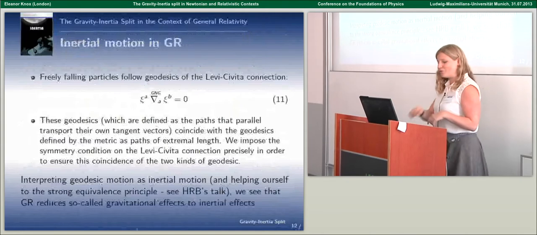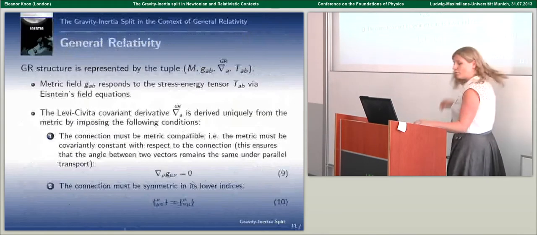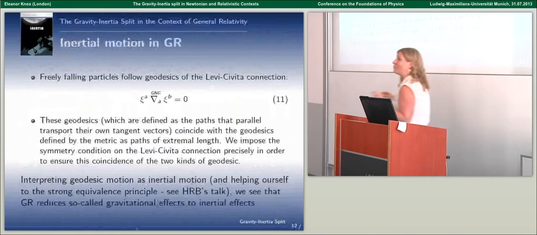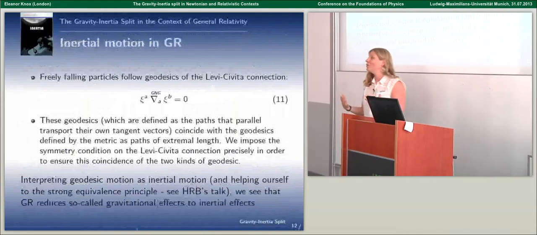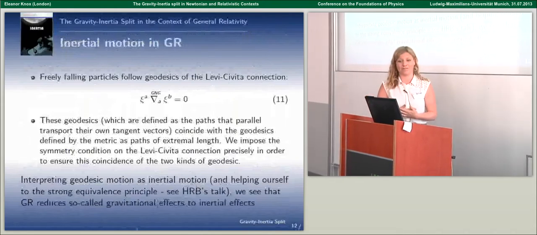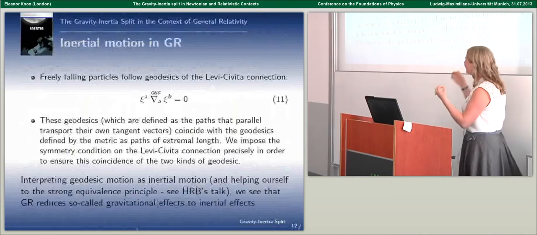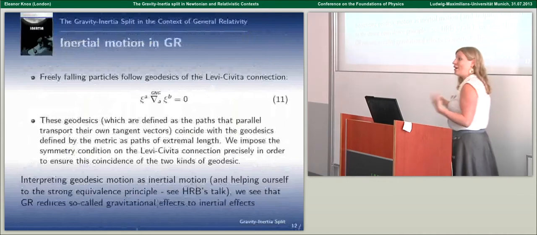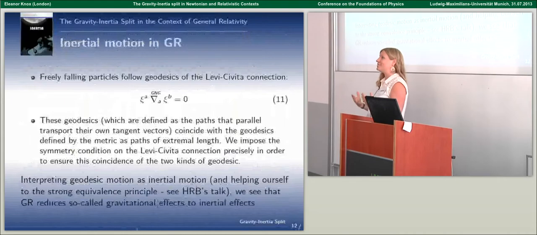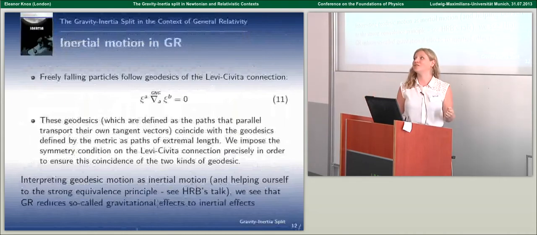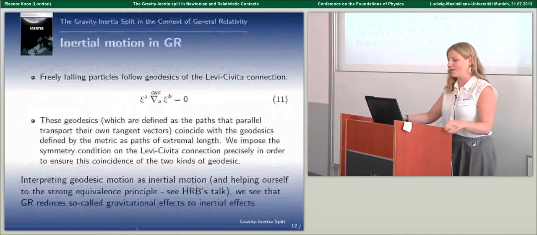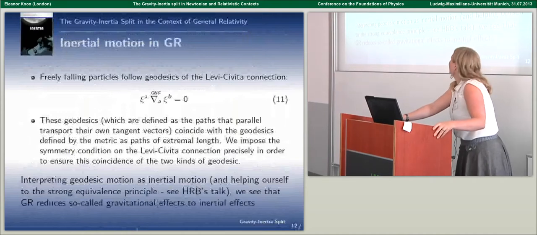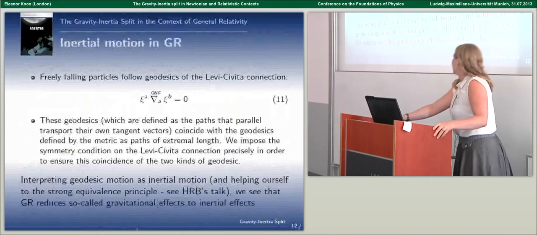We impose the symmetry condition, condition 10, precisely in order to ensure that that happens. If you don't impose it, you don't end up with a coinciding class of geodesics. So it's kind of an elegant bit of GR that you happen to have a single set of geodesics. You have these two conceptually distinct notions of geodesic that coincide in this particular case. And I think it's important to bear that in mind.